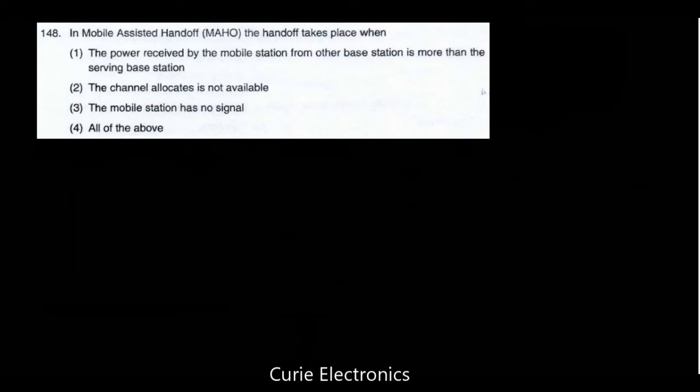In mobile assisted handoff, MAHO, the handoff takes place when the power received by the mobile station from another base station is more than from the serving station.